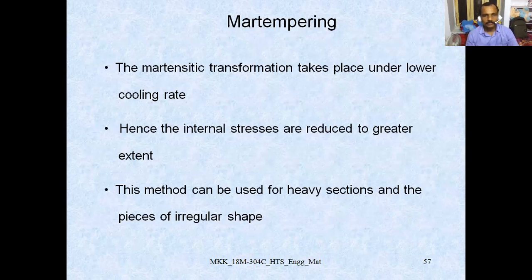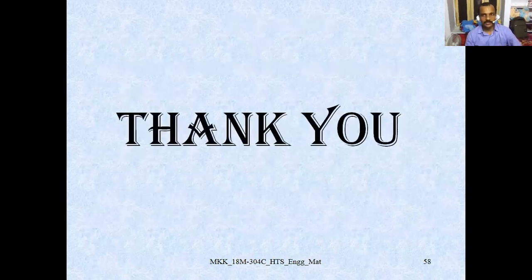So this method can be used for heavy sections and pieces of irregular shapes. Compared with the austempering process, martempering can be used for heavy sections and irregular shapes. So with this, we are completing this particular presentation.